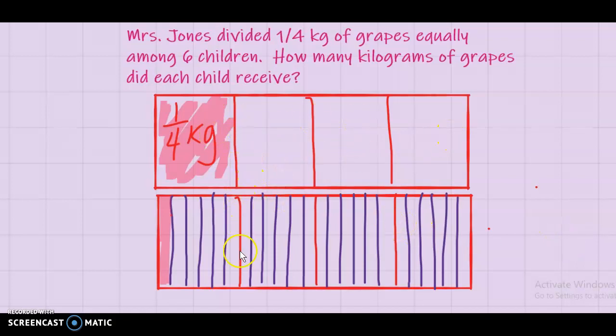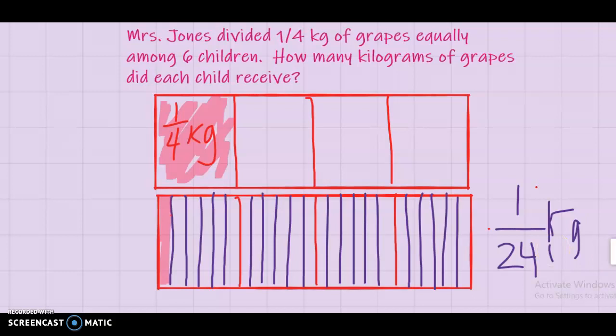The red portion shows fourths, and then the purple section shows 6. So if I counted up how many equal parts there are here, there would be 24, because I have 6 sections and there are 4 of each, so 6 times 4 is 24, and that's the denominator. Now the numerator is how many each child gets, and that's 1. So each child gets 1/24 kilogram.